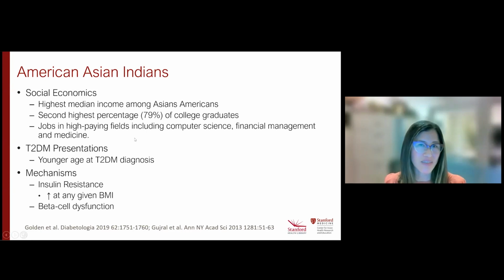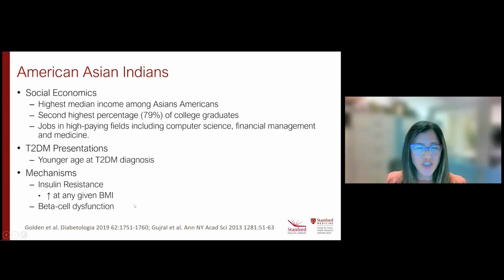When you look at diabetes presentation, there tends to be a younger age at type 2 diabetes diagnosis. And I will say research is ongoing, but some of the mechanisms that have been uncovered, including from our own group, really show that the effect of insulin action, called insulin resistance, seems to be higher at any given BMI in individuals of Asian Indian background.